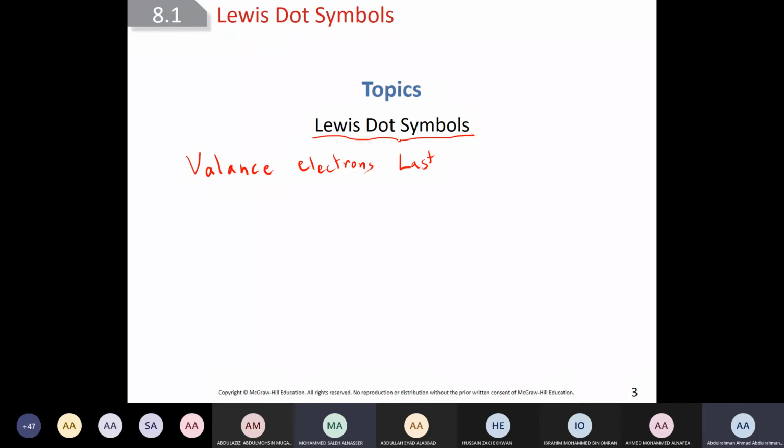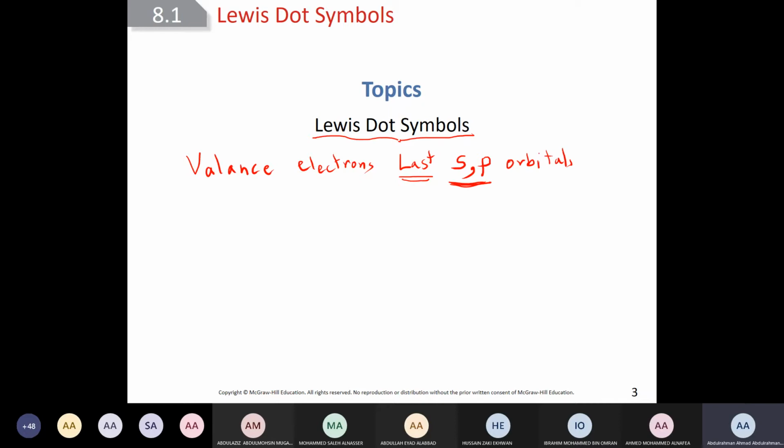On the last what? Orbital. Which orbital? The last sp orbital, not any electron, only sp electrons. Is this clear? All right, the last sp electrons.